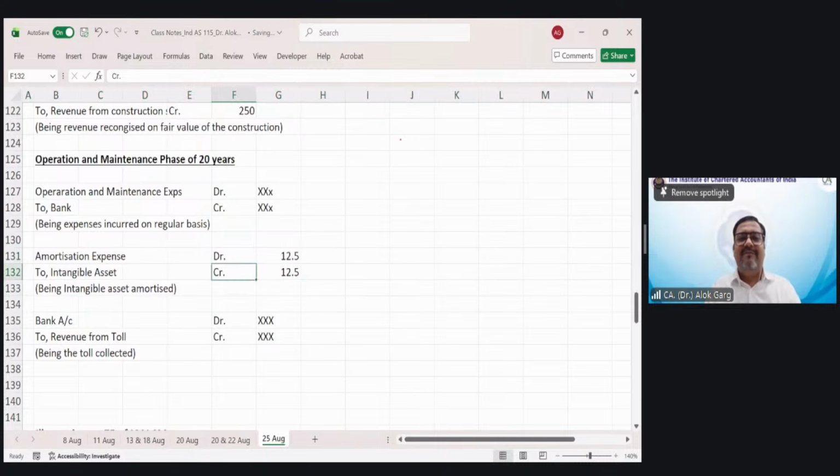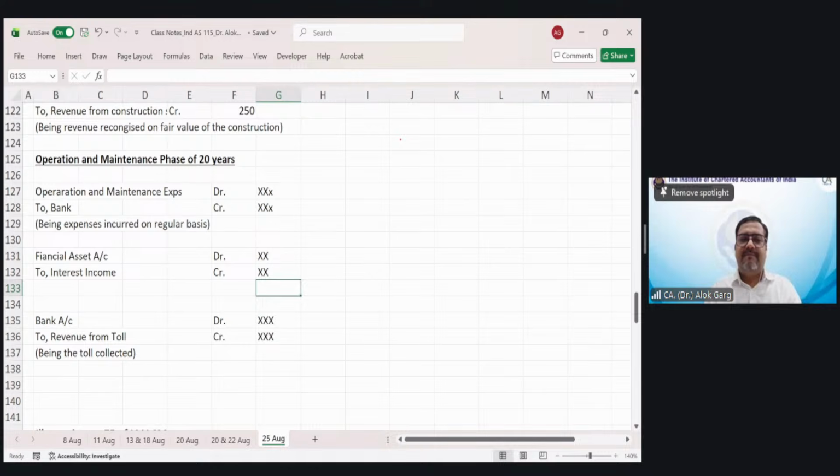Instead of this entry, which entry will happen? Financial asset account debit to interest income. On this financial asset, interest income is going to be recognized. Financial asset account debit to interest income, right?